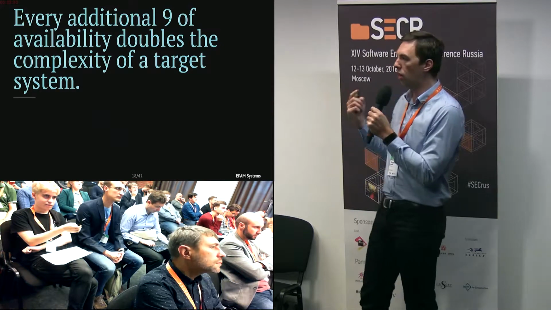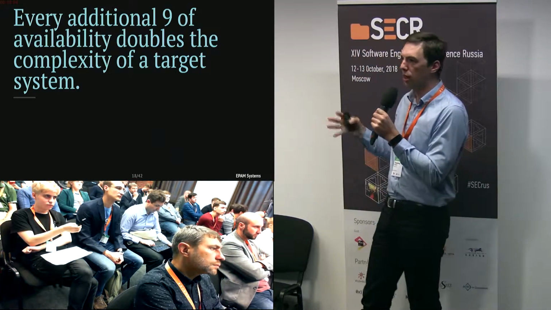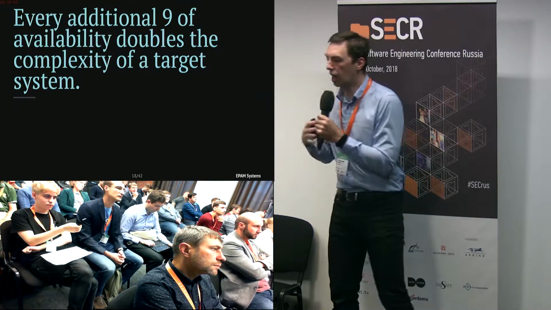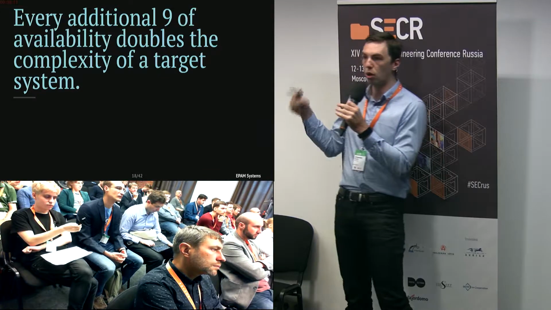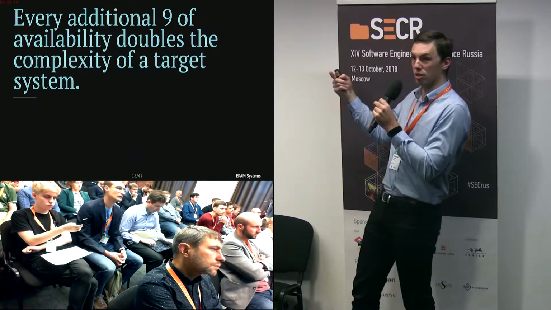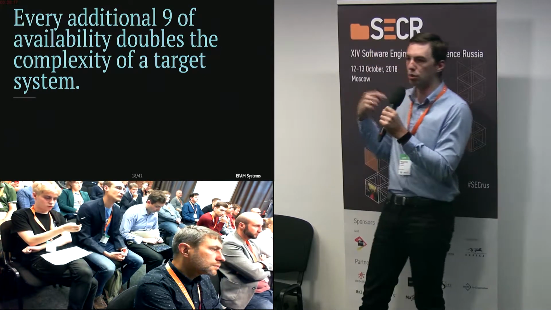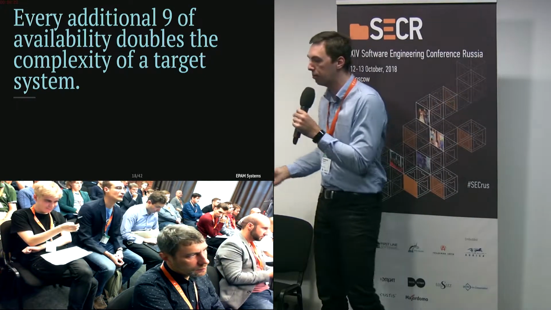There's a service I know, Google Cloud DNS, that provides 100% availability, but this is the only one, I believe. And every additional 9 of your availability requirement is going to double the complexity of your system. And that means doubling the costs, right? So this is a disaster, and you need to know those numbers precisely before you do the actual project.